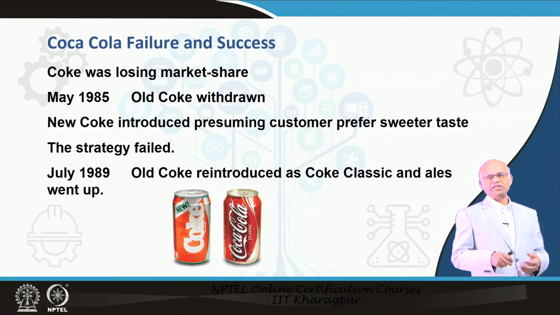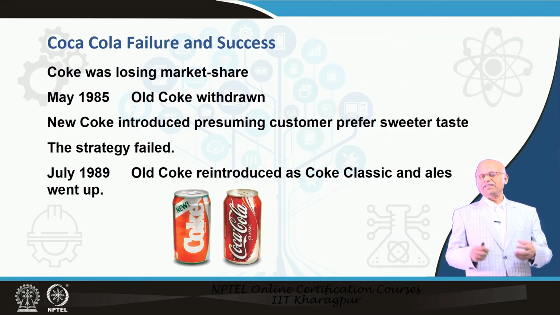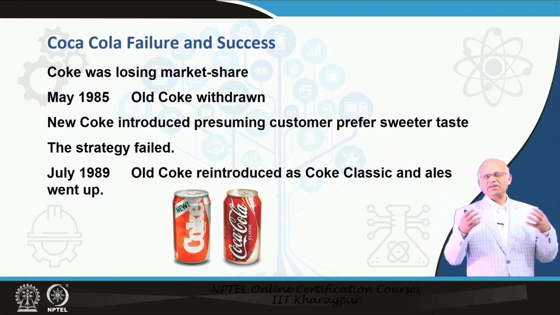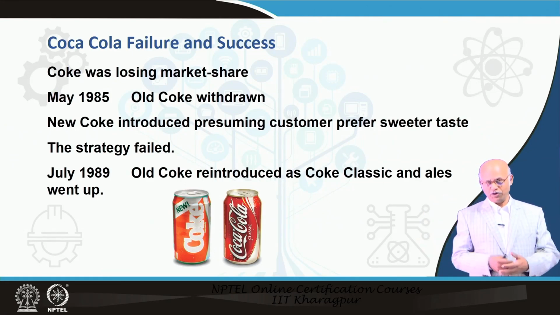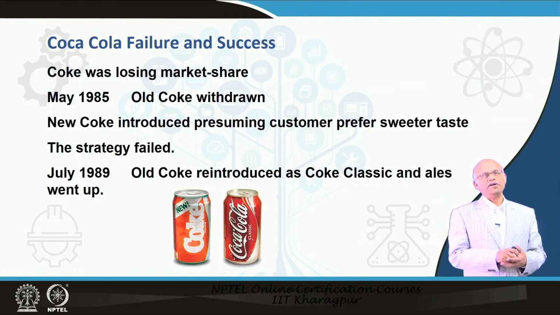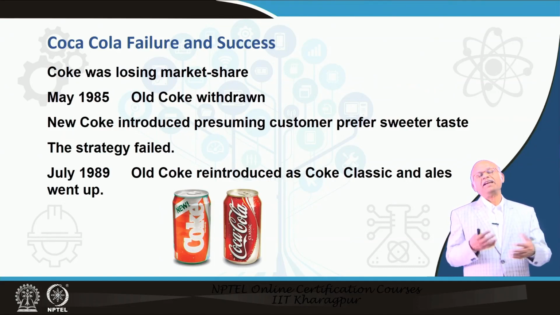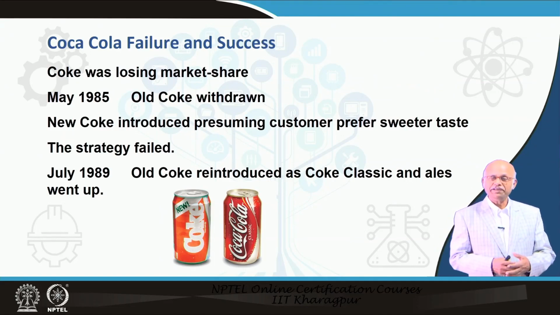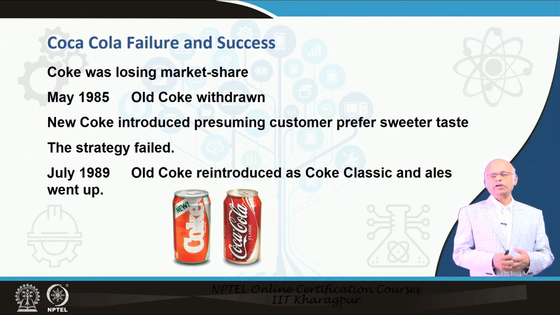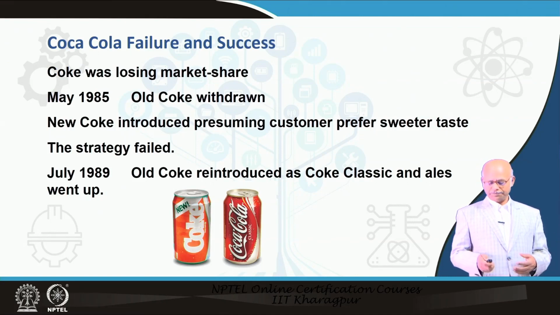They introduced another Coke, Coca-Cola Classic, meaning the people were given the understanding that we have brought the old Coke back into the market, classic Coke. Again, sales went up. It is not the taste, but the connectivity. So, they spent more money on advertisement, and eventually sales went up, though the Coke was not sweeter.